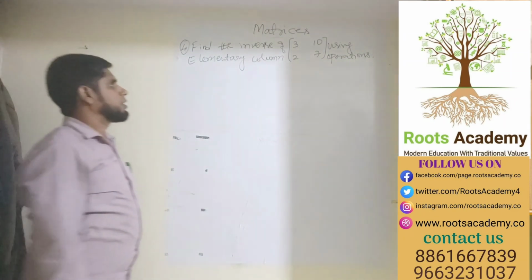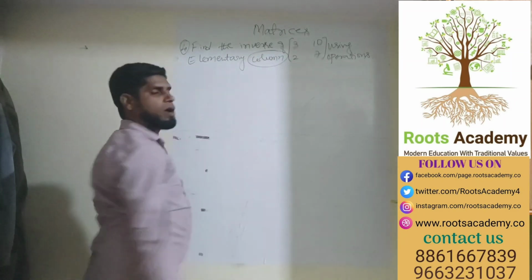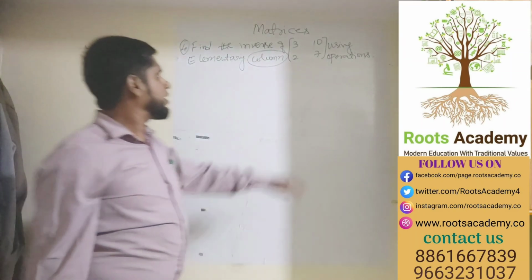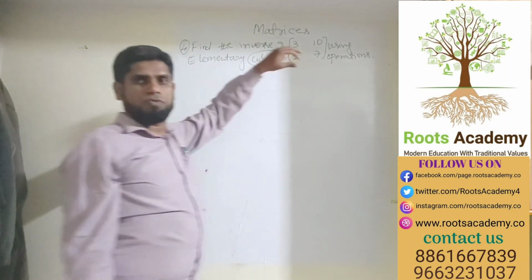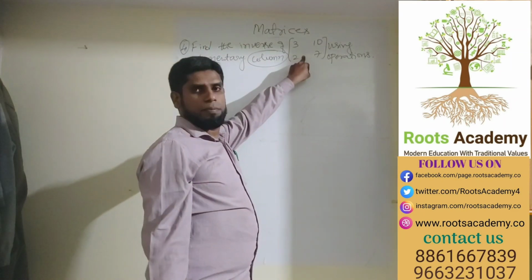So here a matrix is given, and he said that with the help of column operations we should find its inverse. So far we used only row operations. Now let us check with the column operation.